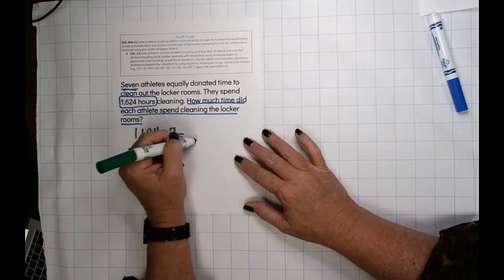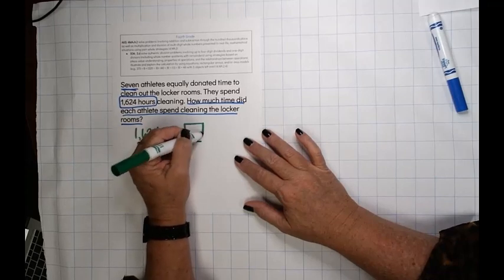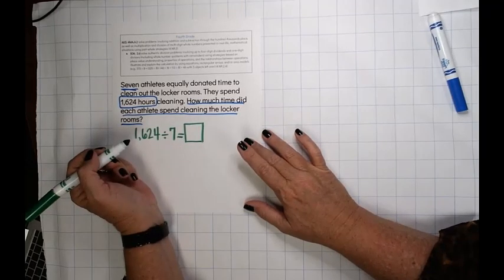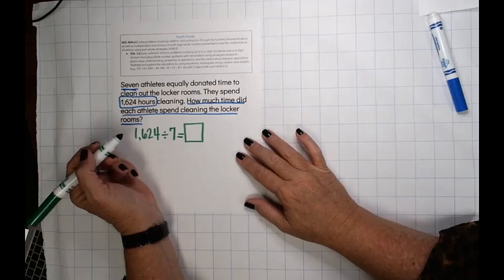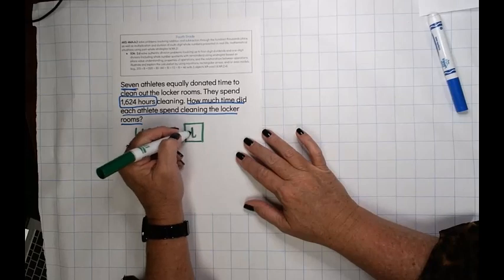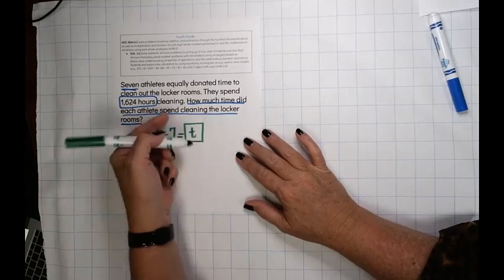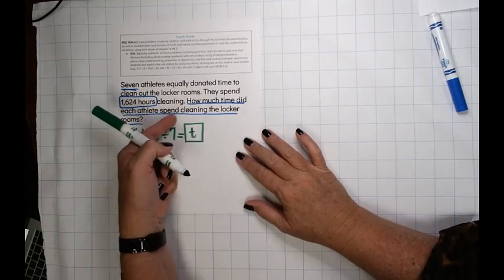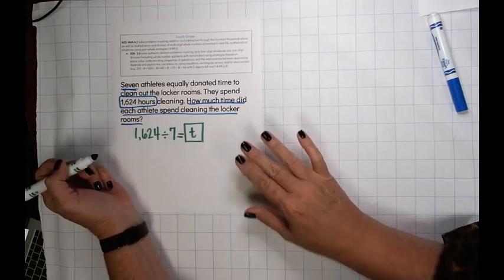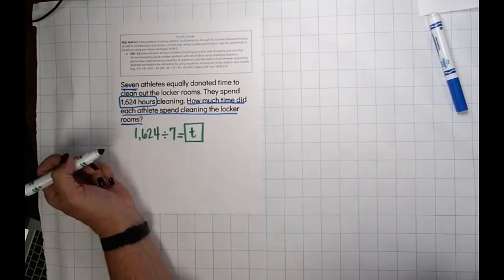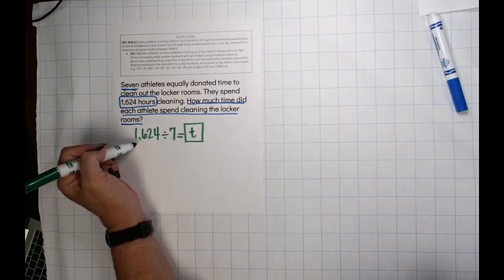So this is my result, right? I have to figure this amount. But I'm going to represent how much that time is with the lowercase t. T is going to be the time that each athlete spent cleaning the locker room. So I'm going to have to use some division to help me solve this.